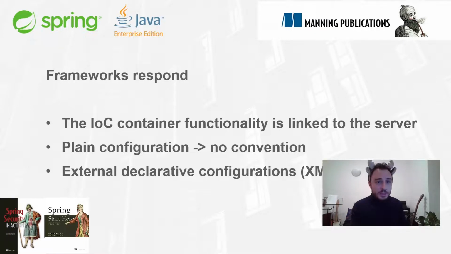So the framework itself was only for implementing the business logic and always relying on this monolithic block, the application server, to obtain part of the capabilities it needed, like transactionality, like logging, like inversion of control.